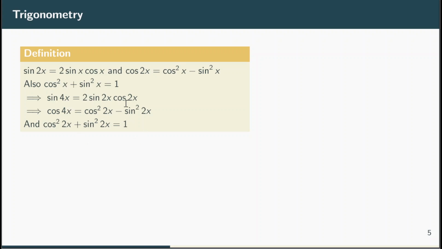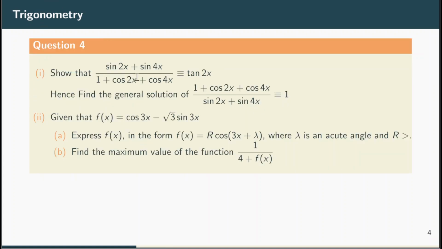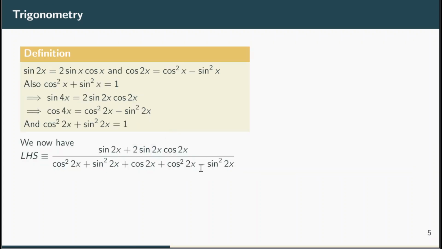So in the Pythagorean identity, when the angles are the same and I'm squaring their sine and their cosine, I must have 1. Alright, let me take all of these and substitute them into the expression on the left hand side. In the place of sine 4x, you know what to put. Cos 4x, you know what to put. And in the place of 1, you know what to substitute. So I'll be having sine 2x, and here we had a sine 4x, which I'm going to substitute with sine 2x cos 2x.